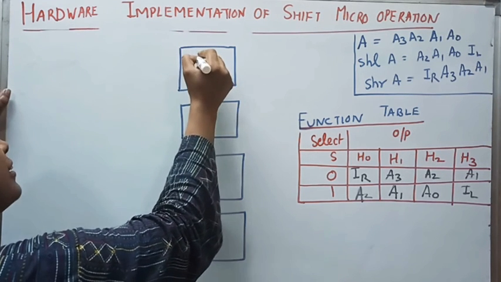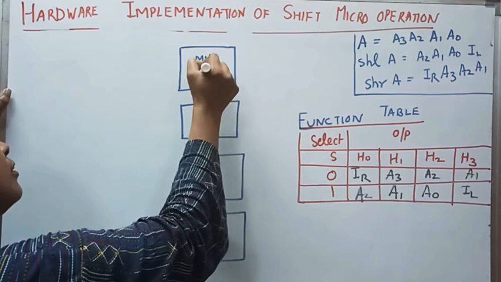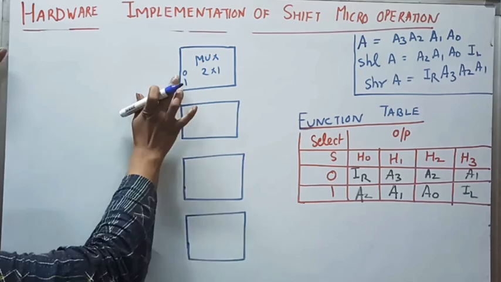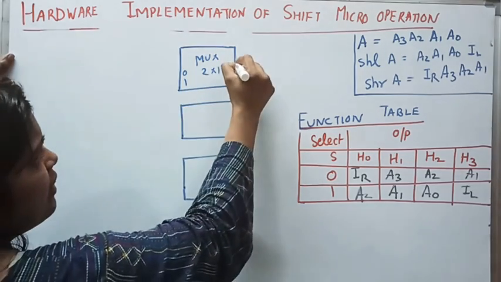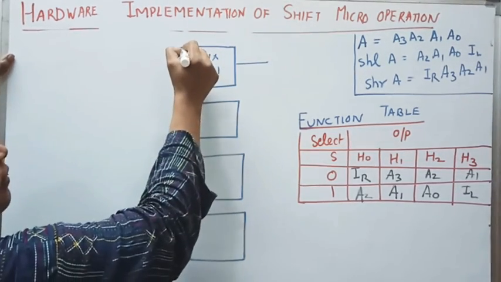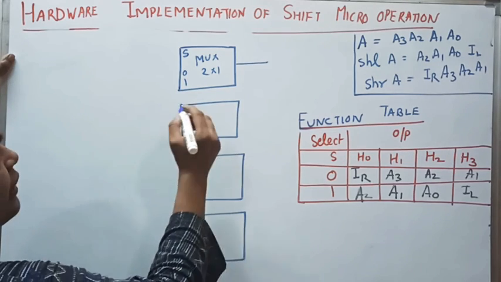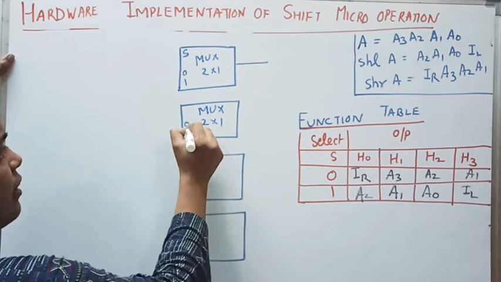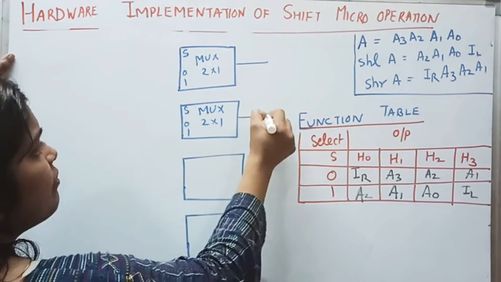So you can write mux 2 cross 1 having 0 and 1. Two inputs will be there, a single output, and one selection line. Next, again mux 2 cross 1 with 0 and 1, S and 1 output.